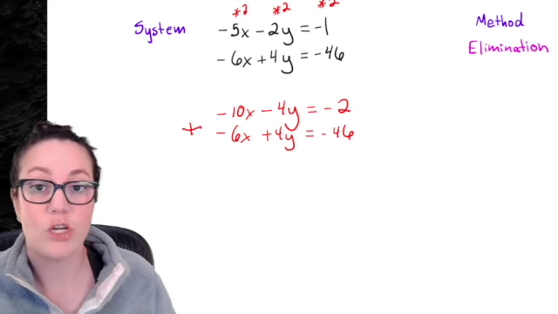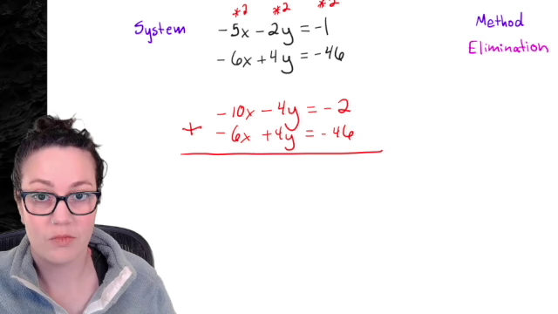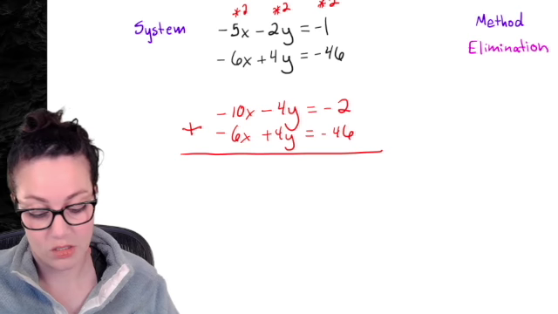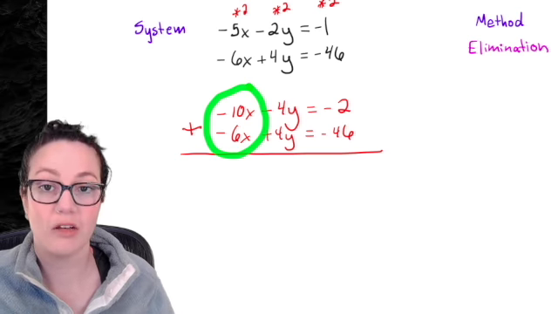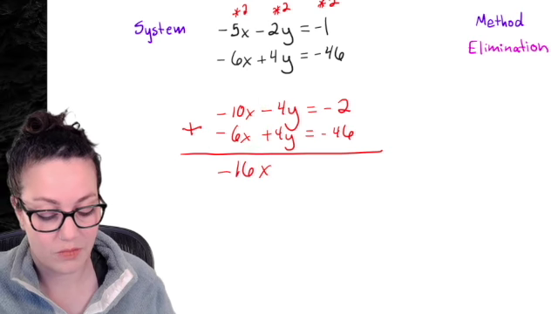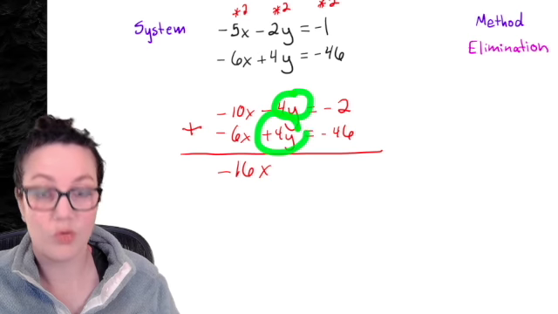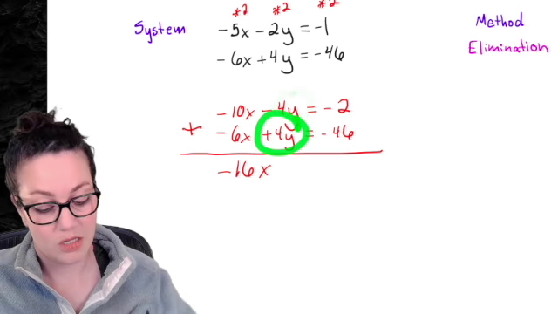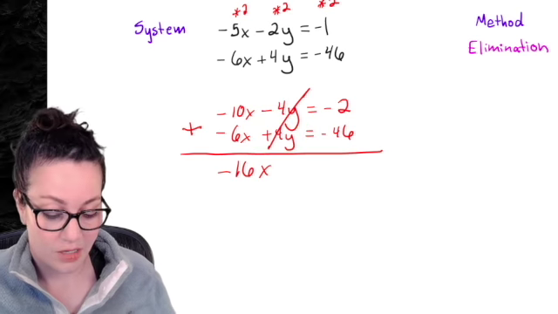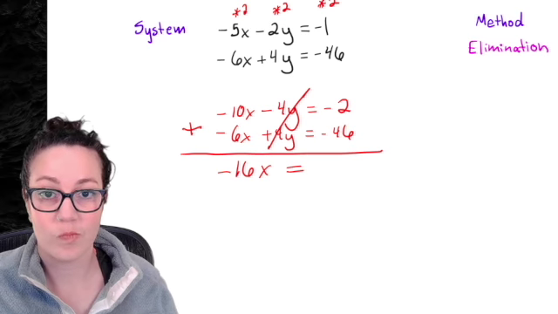I'm going to add the equations together. Reminder that I'm adding. Then I just go down the line like I did in the previous question. So -10x plus -6x is -16x. Negative 4y plus 4y, those are opposites. They're going to cancel each other out. The y's are eliminated. And then our equal sign stays in the same place.